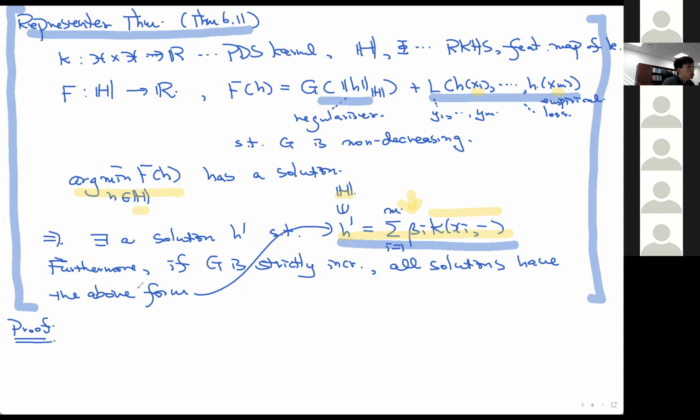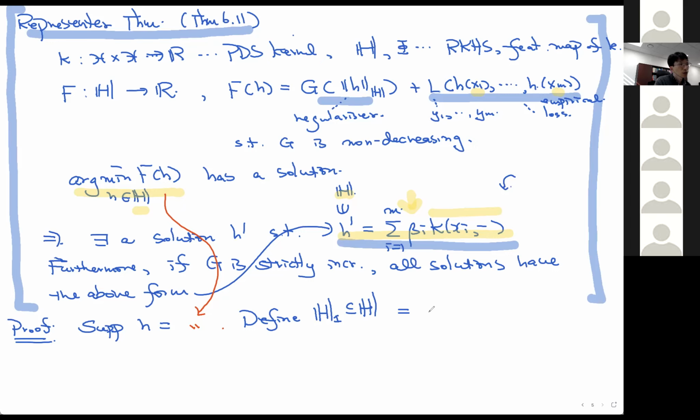Then suppose we have a solution. So H is the solution of this optimization problem. Then we think about a subspace. So we define H1, which is a subspace of H, as all the functions in H that can be expressed in this form.